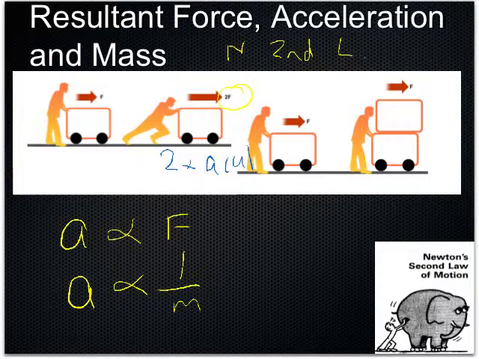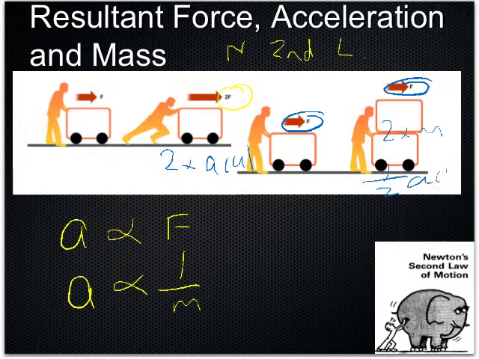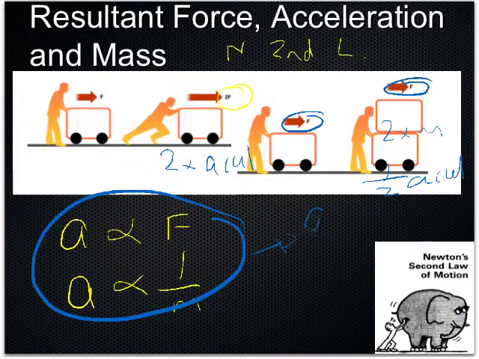So if we keep the same force, but we now have 2 times the mass, we will have half the acceleration. So what we can do is combine these, and effectively you get acceleration equals force over mass, or the most common way of writing it, F equals ma.